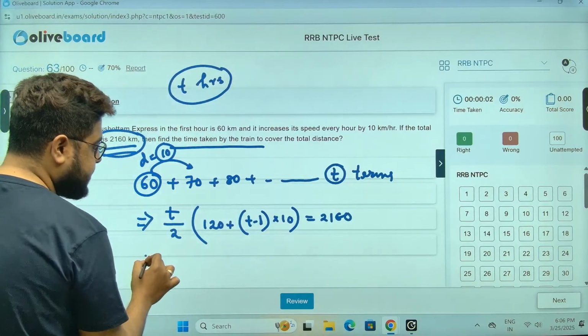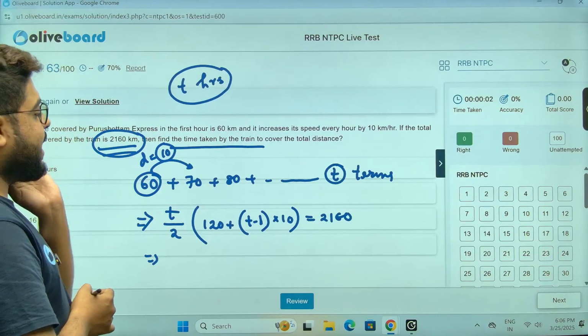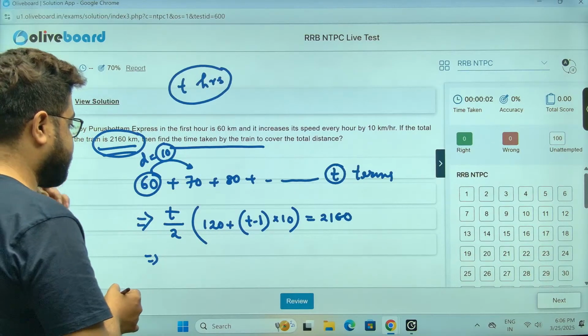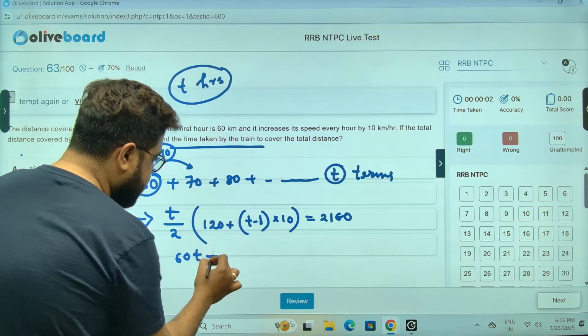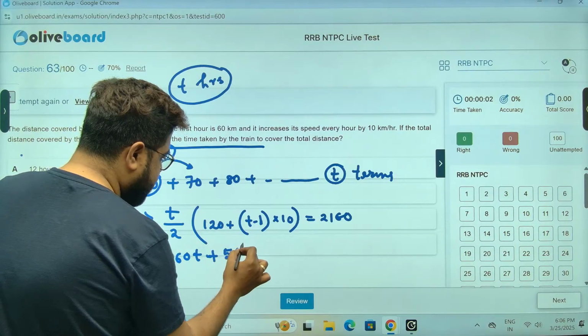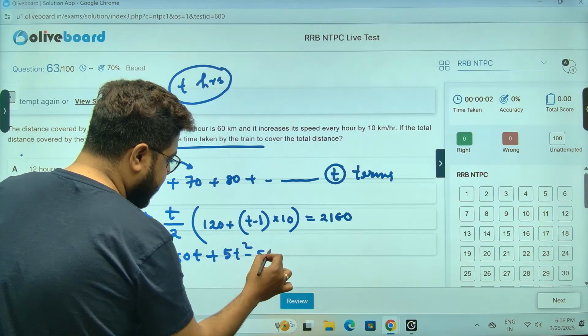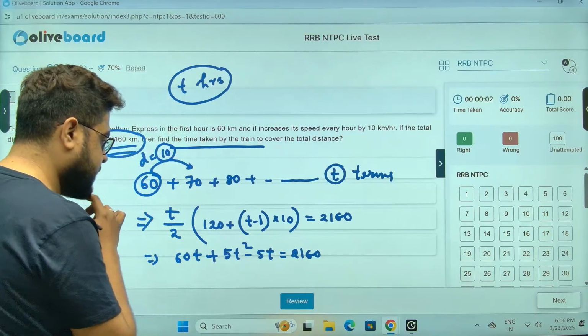Chalo, this is given. It will give you a quadratic, so don't fall into that trap. Just solve it normally. It is 60t plus 5t square minus 5t equal to 2160.